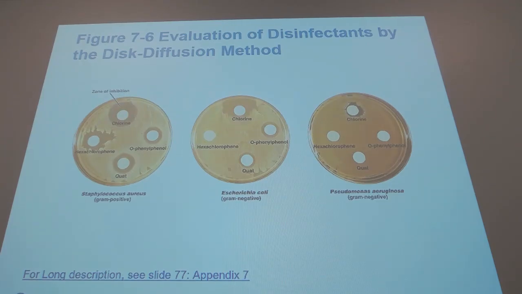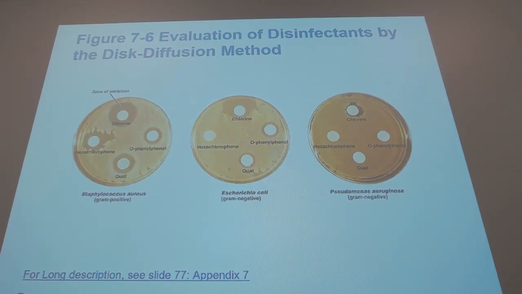disinfectants have a specific use. So yes, chlorine, it is more effective to kill all these 3 bacteria than the rest. However, chlorine cannot be used in most inert areas because it is very corrosive. If you use it on wood, it's going to corrode wood.